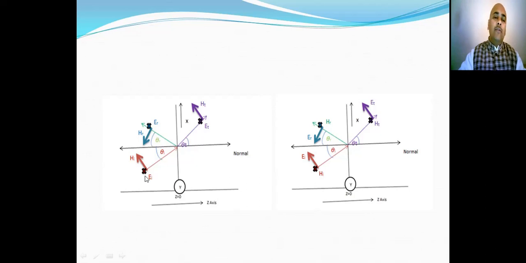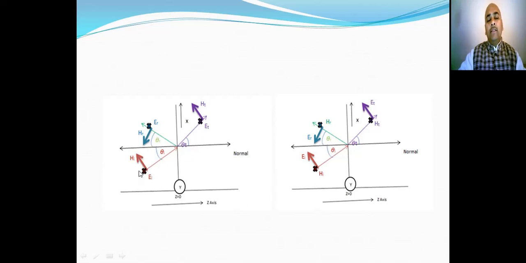The directions of E, H and the direction of propagation are related by the right hand thumb rule, where the thumb represents the direction of propagation, the forefinger represents the direction of the electrical field, and the middle finger points in the direction of the magnetic field Hi.